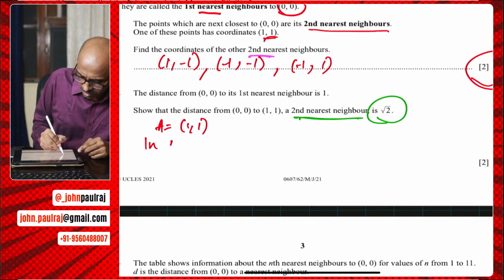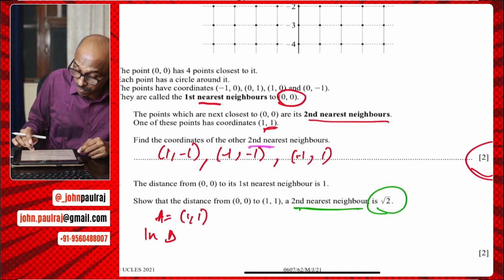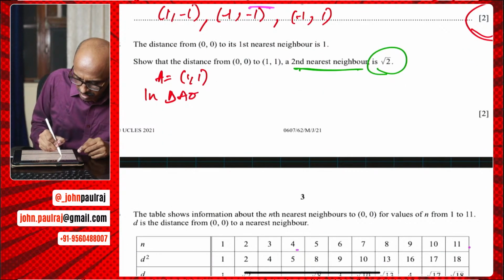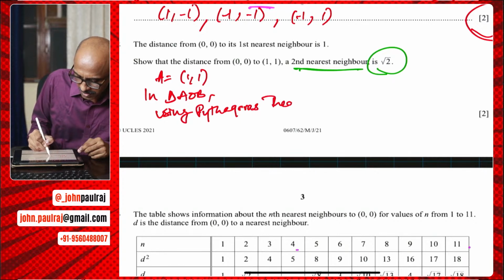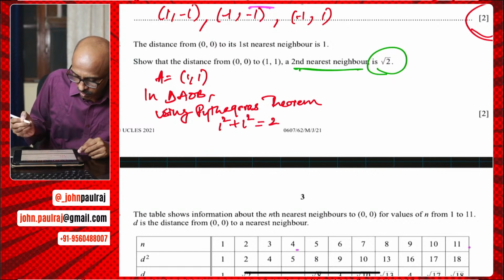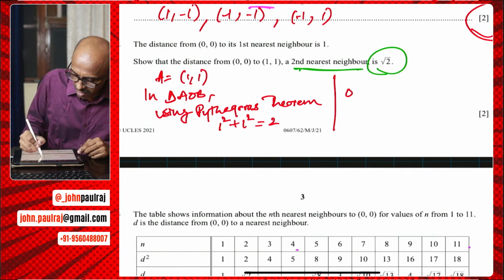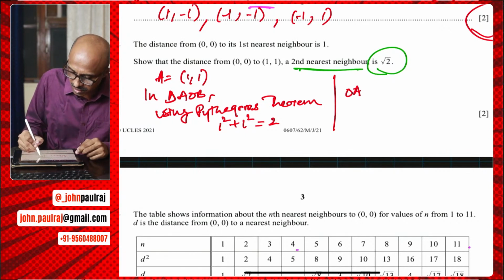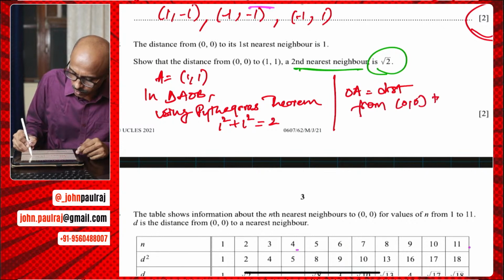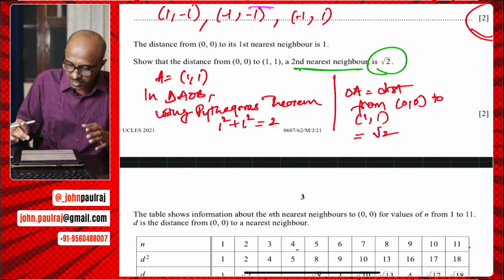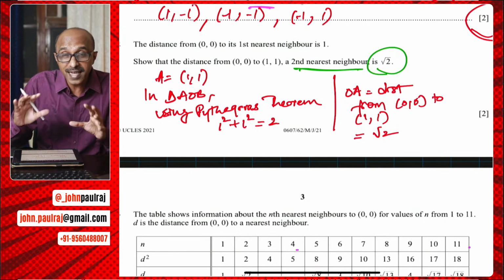Then in triangle AOB, using Pythagoras theorem, you can say 1 square plus 1 square is equal to 2, which means that OA, the distance from 0, 0 to 1, 1, is equal to square root of 2. So that's clear from Pythagoras theorem. Make sure that you have communicated that correctly.